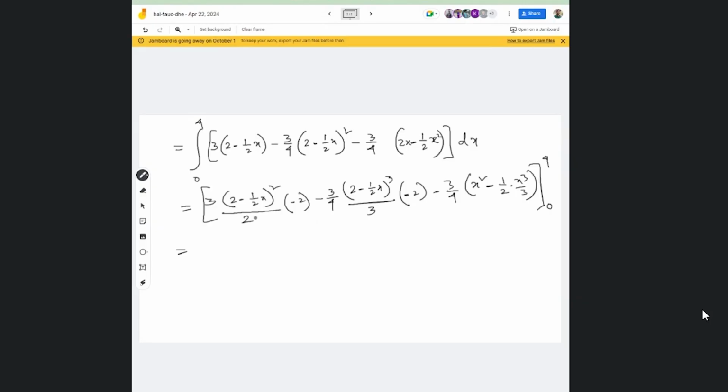So if we set the upper limit here, we can see if some quantity cancels out. Nothing we can cancel here. So if we set x equals 4, 3 into 2 minus 4 by 2 becomes 0. This minus we are putting here: 2 minus half into 4, 2 minus 2, 0. 2 minus 0 whole square is 2 square is 4.